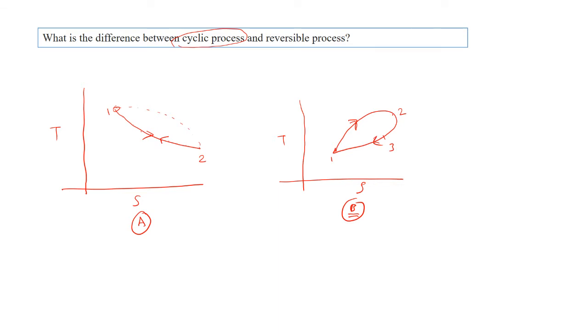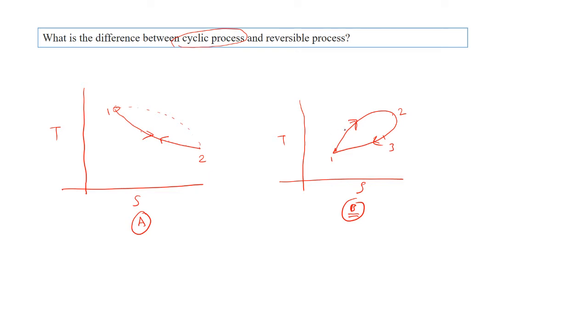For a cyclic process, as what we see, we have the Brayton cycle. While going away from 1, we have two processes, one is isentropic and the other is isobaric. While coming to 1, we have again two processes, one is isobaric and the other is again isentropic, but these two processes are different from the initial two processes.